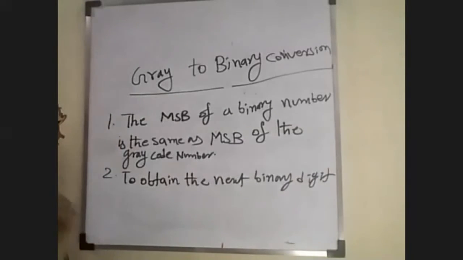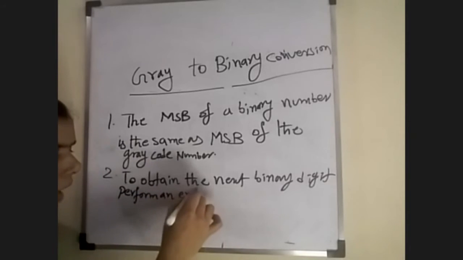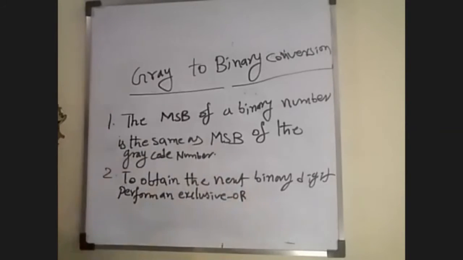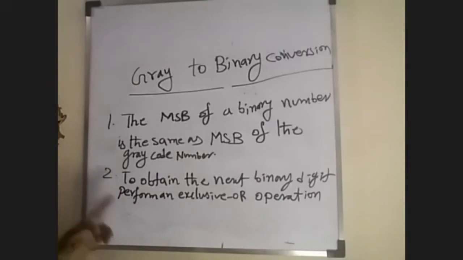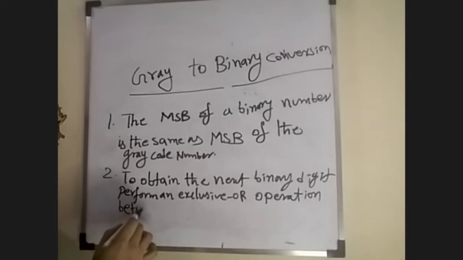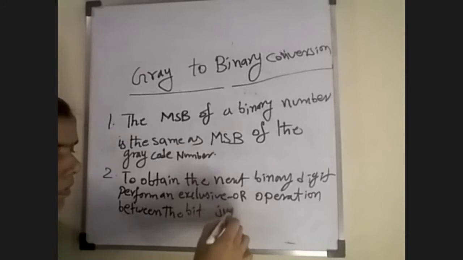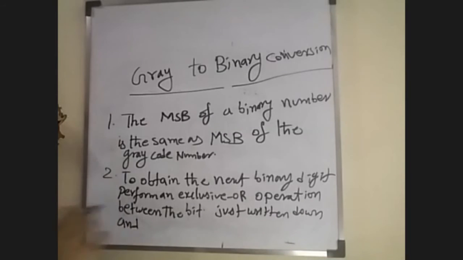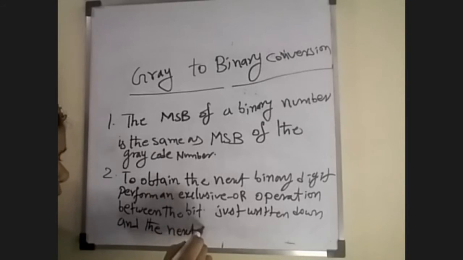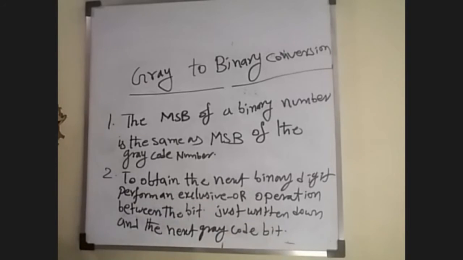To obtain the next binary digit, perform an exclusive OR operation between the bits just written down and the next gray code bit. Write down the result.